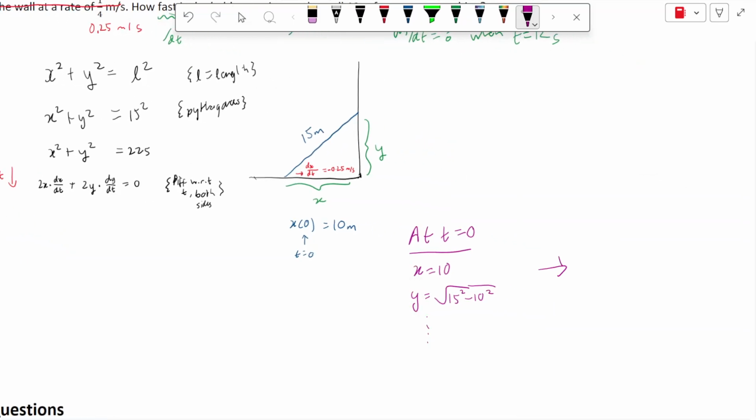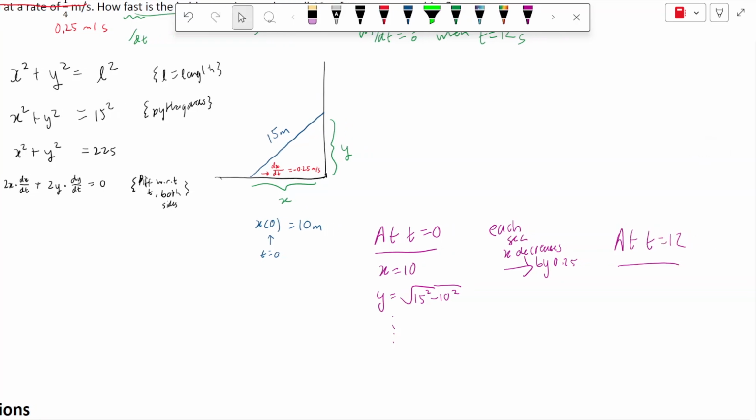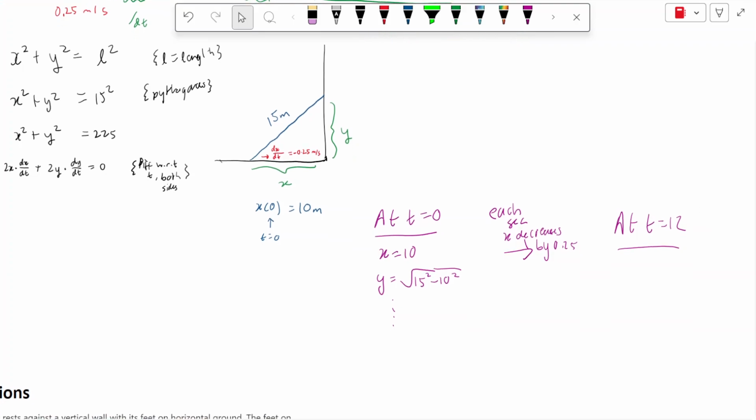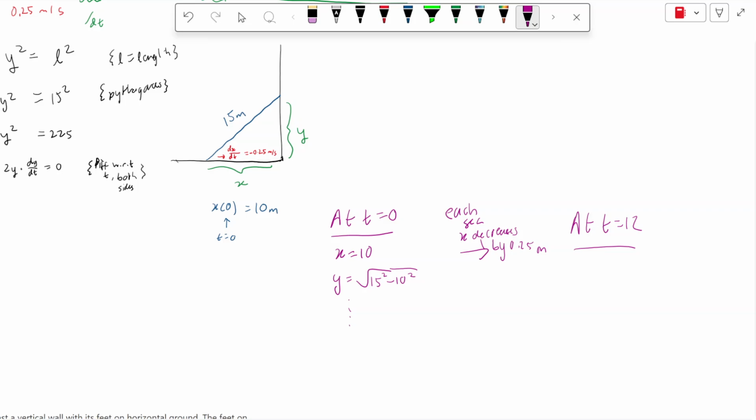And then each second, x decreases by 0.25. So now we can look at t equals 12, and then we can figure out what x is. So if it's a quarter of a meter decreasing every second, that means that x has decreased by 3 meters. So x is 7.